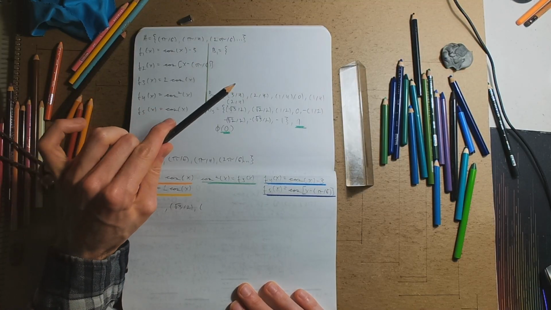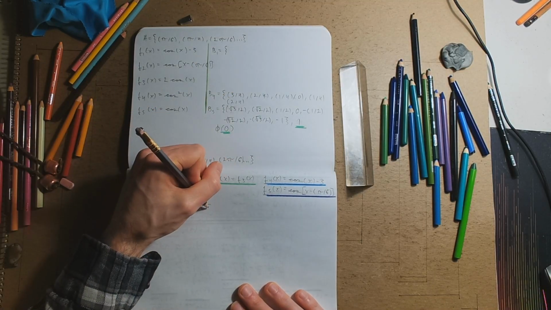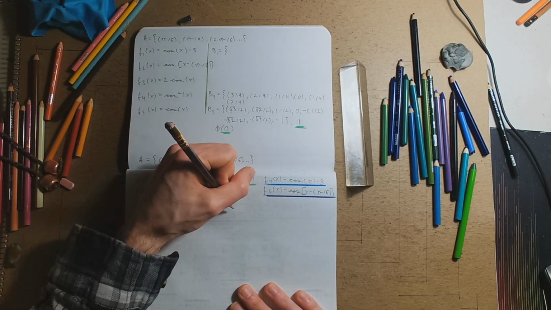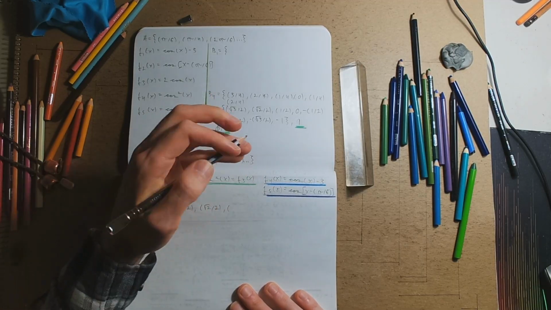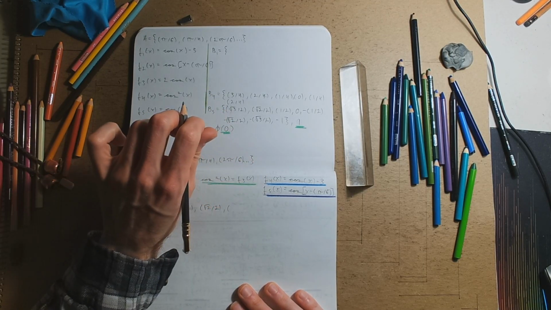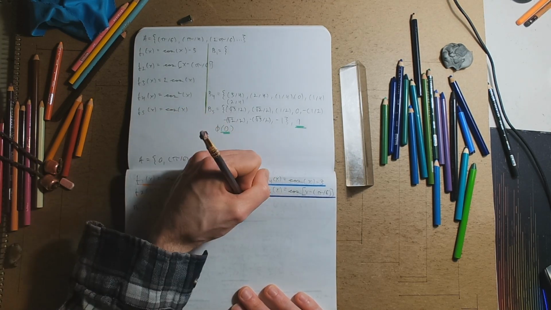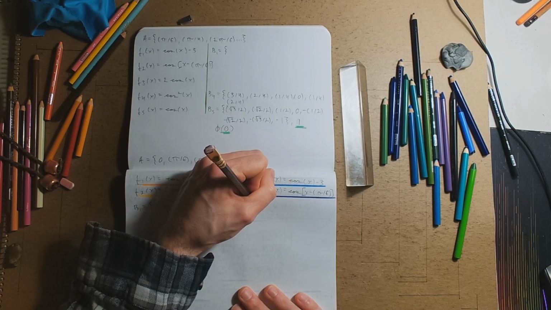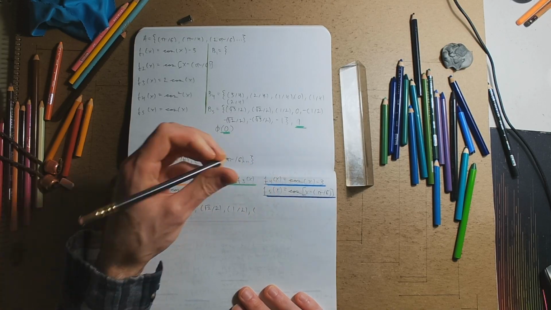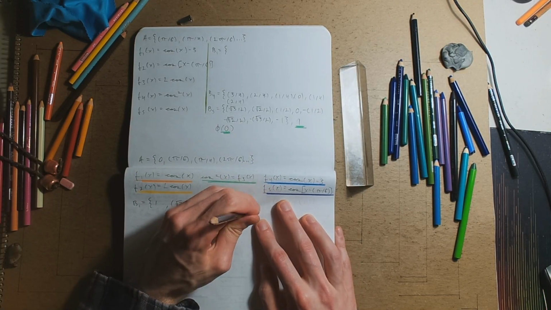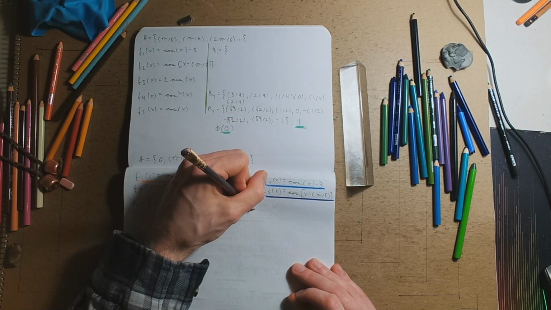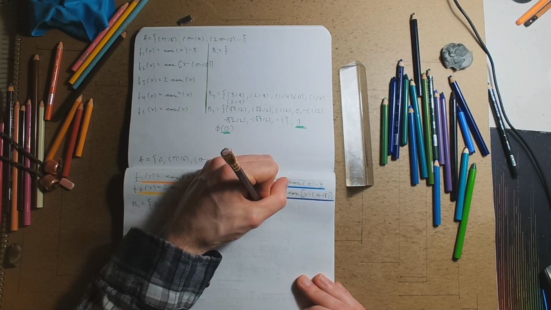And then root 2 over 2. 0. 1/2. Now here, similarly, we need to keep a space.